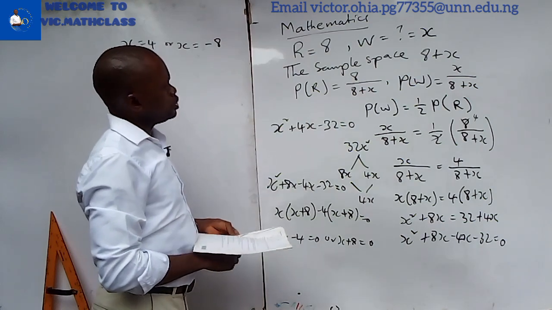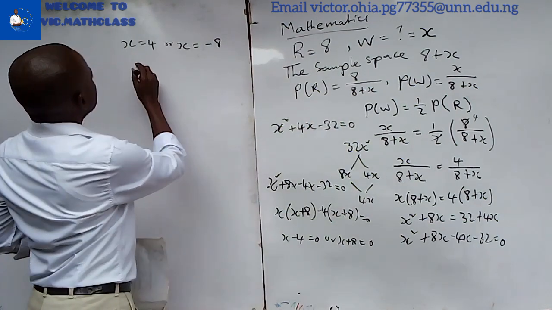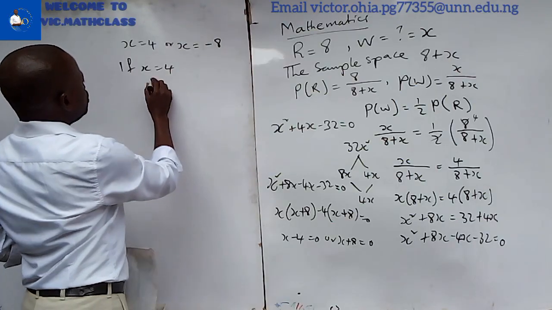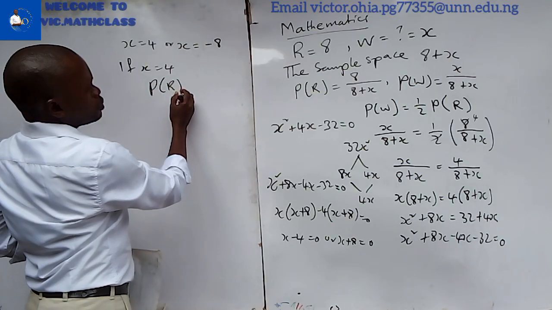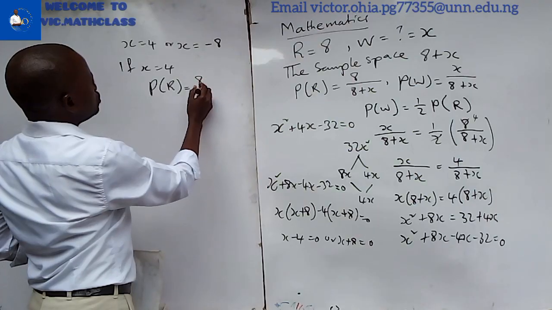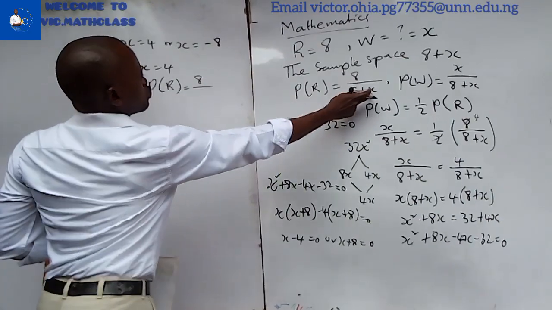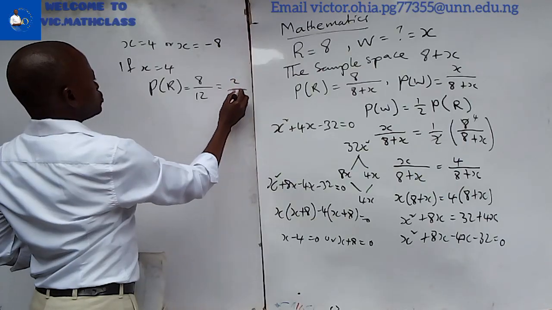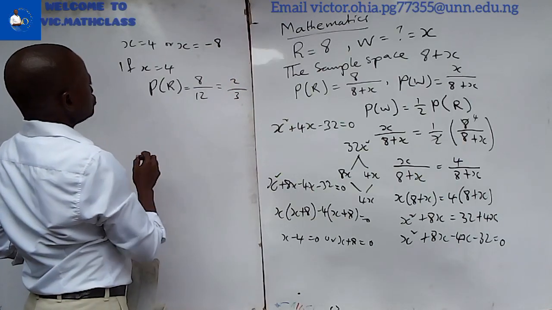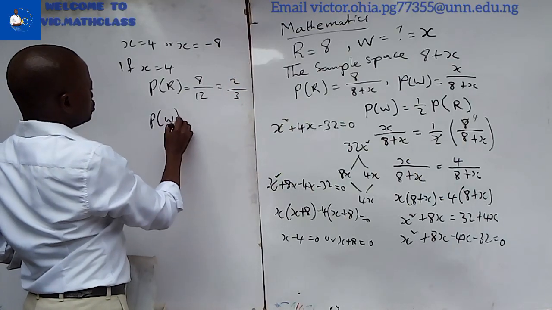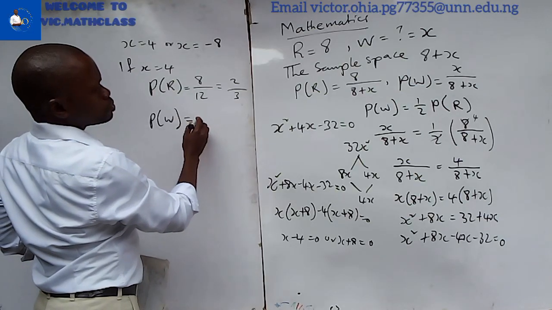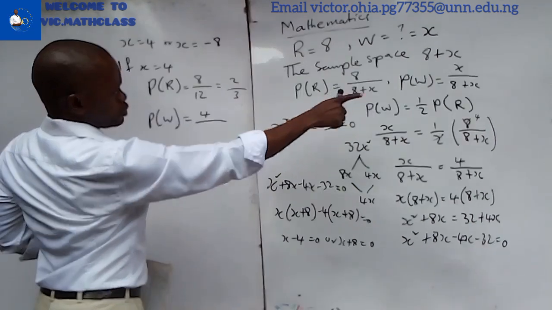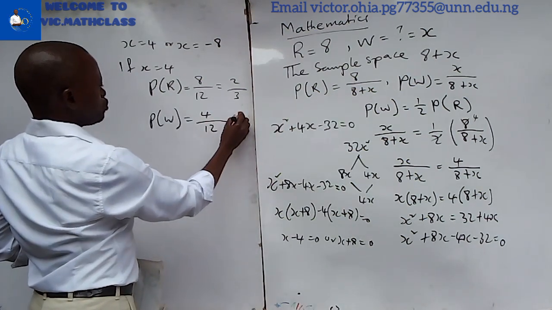We can go ahead and verify. If x is 4, then P of R is equal to 8 over, because 8 plus 4 is going to give us 12, and that is going to give us 2 over 3. And P of white is going to give us 4 over 8 plus 4, which is still 12, and this is going to give us 1 over 3.